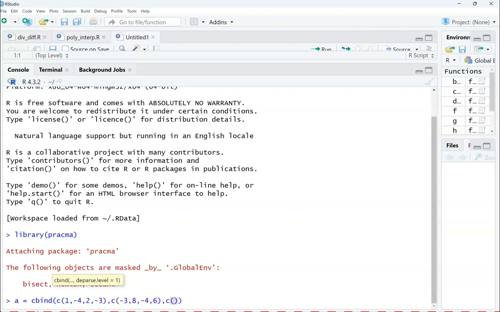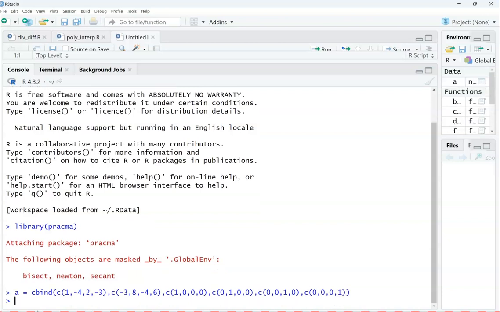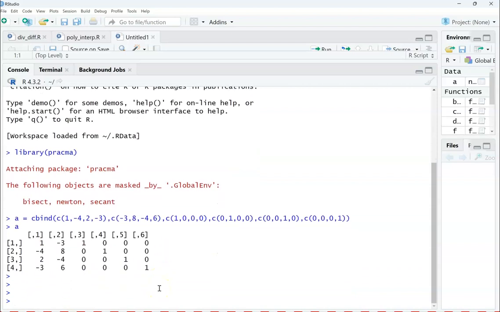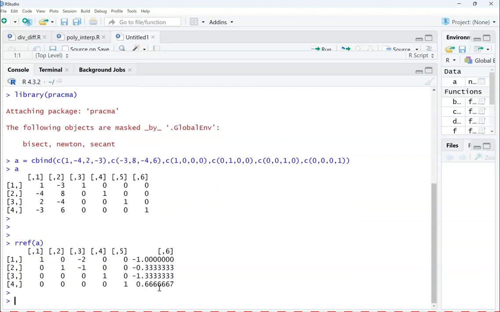And then we'll put in 1, 0, 0, 0, 0, 1, 0, 0, 0, 0, 1, 0, 0, 0, 0, 1. And then let's make sure my matrix looks right. Does that look right? Okay. And then row reduce.